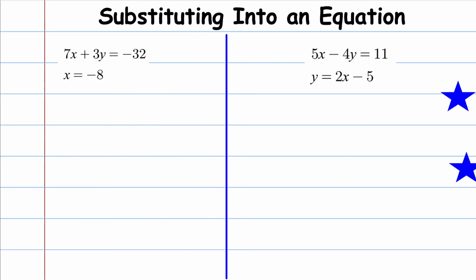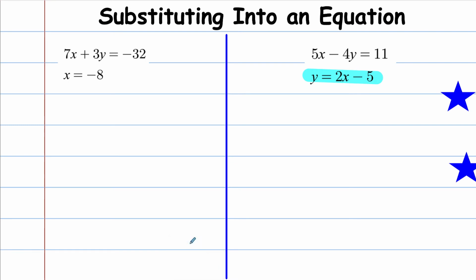Now the second one, I'm not actually looking for the solution to the system of equations. I'm just looking at how we substitute. The difference is that in this one equation, even though I have the variable isolated in y equals form, it's not equal to a constant this time. It's just telling me another expression, and that's okay. I'm going to replace with an expression.